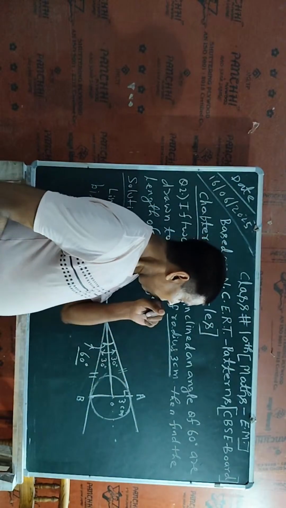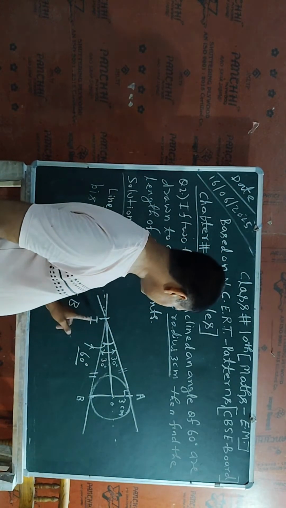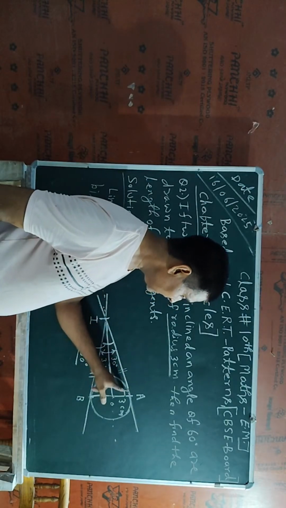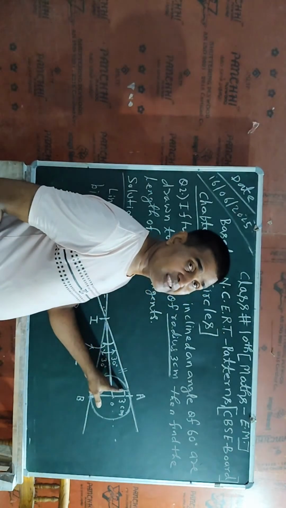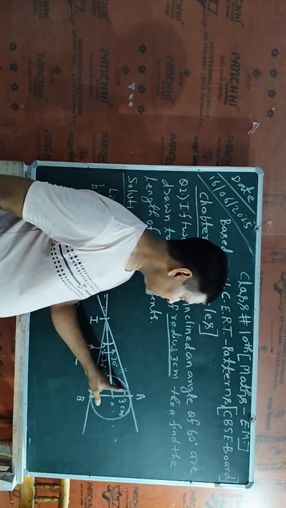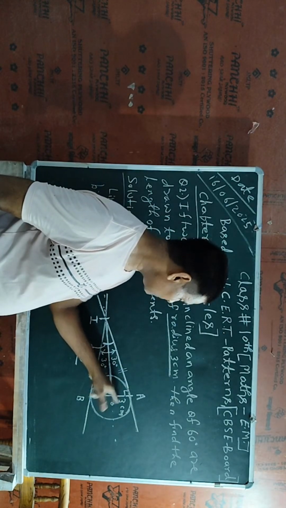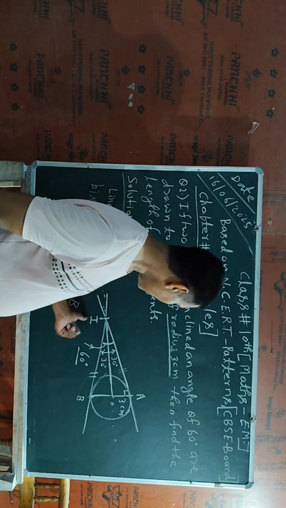So here the angle IAO will be 90 degrees. In this 90 degree triangle I will use the trigonometric ratio concept, and with the help of the trigonometric ratio I will get the value of IA.